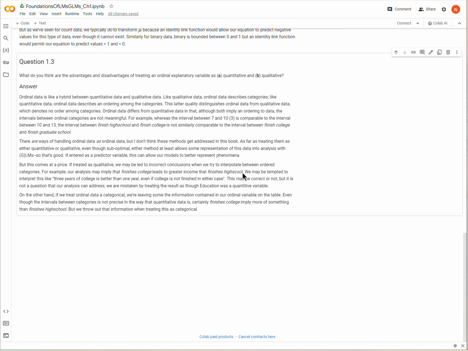For example, we might find that finishing college leads to greater job income than finishing high school. Well, if we treat education as some kind of continuous numerical variable, we might be tempted to say that 3 years of college is better than 1 year, even if the person doesn't graduate in either case. Because if education is good, then more must be better than less.